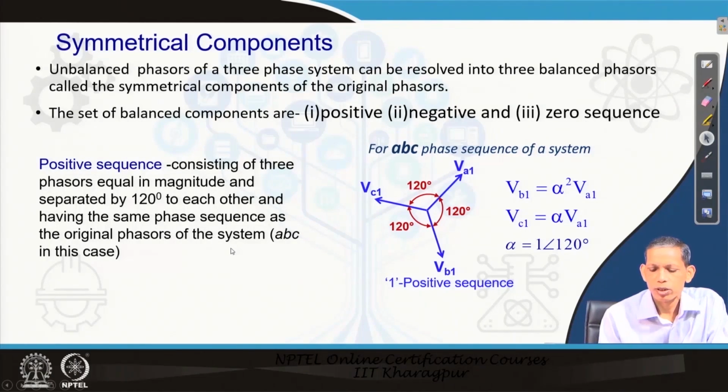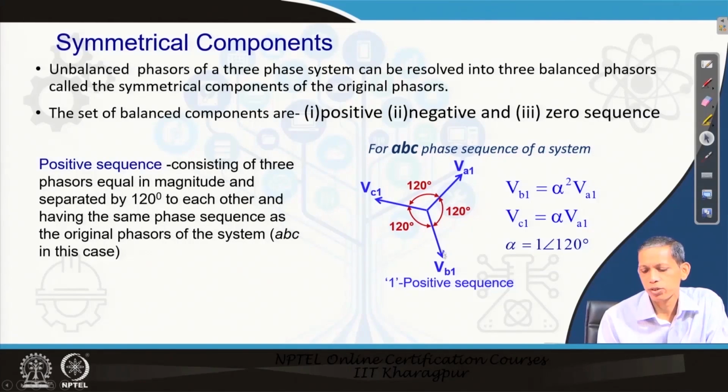Here we see the three components of the positive sequence phasors: VA1, VB1 and VC1. They have the same magnitude, separated by 120 degrees from each other, and the phase sequence here is such that VB1 follows VA1 and then VC1 follows VB1.